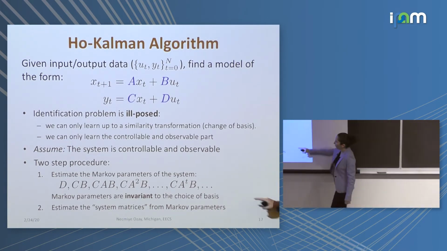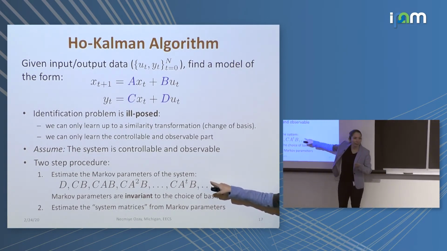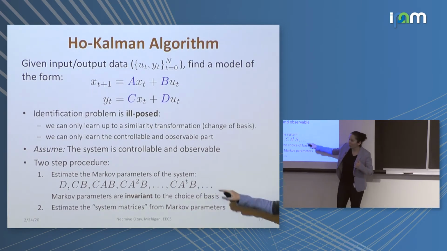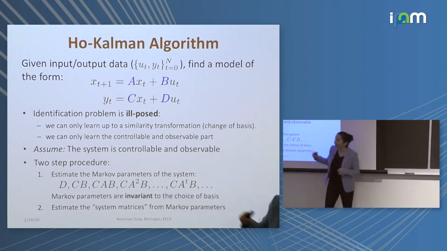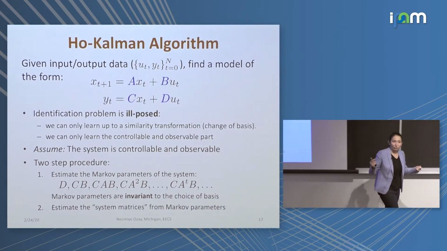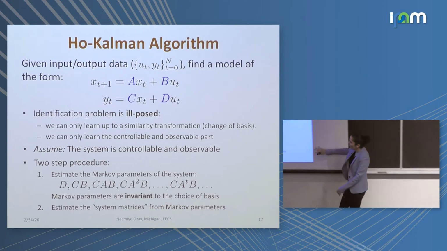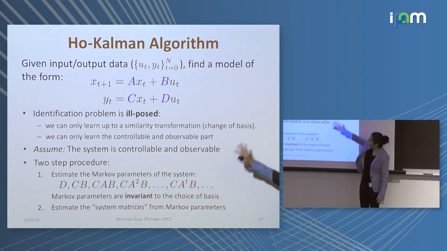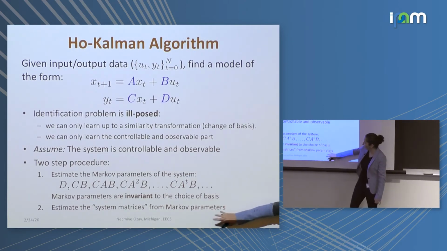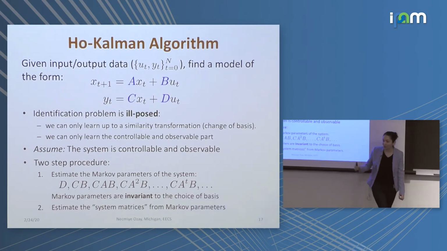And if you look at the transformations that I showed you for the ill-posedness of the problem, these Markov parameters are invariant to your choice of basis. And once we estimate these Markov parameters, what Ho-Kalman does is it estimates the Markov matrices from these.